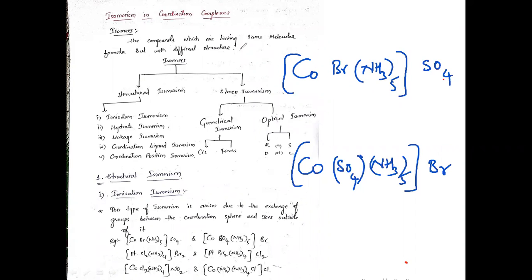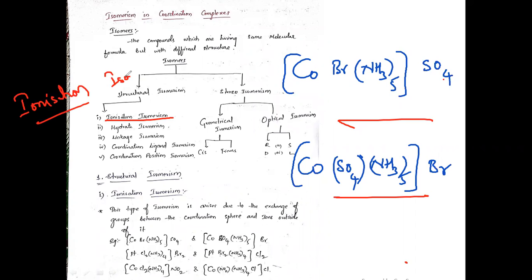So see here, you can see these two isomers are called ionization isomers. So why are they specially called ionization isomers?